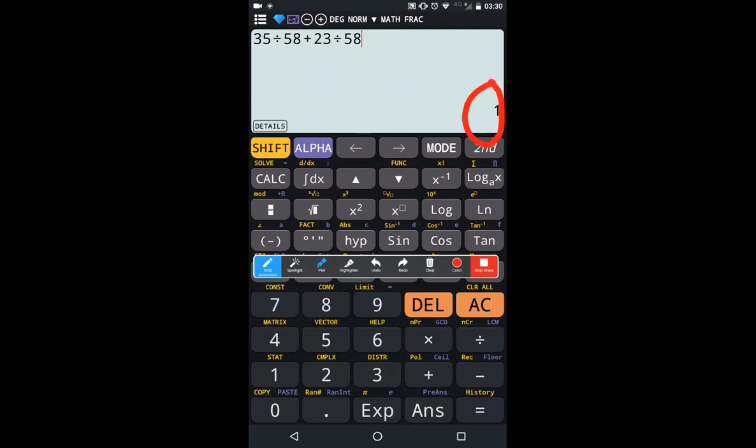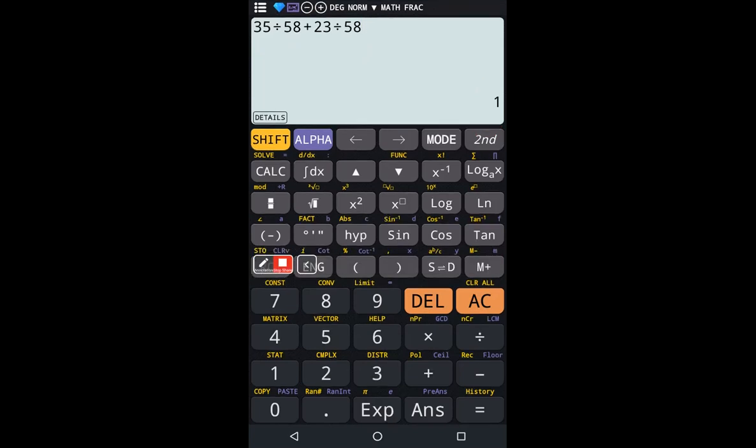Okay, so 1 is the result. So this is how you make it. 35 by 58 will be the first share, and 23 by 58 will be the second share. The numbers I showed you are 35 and 23, very unusual and very odd numbers. Okay, so this is how you do it. This calculator is very good for you.